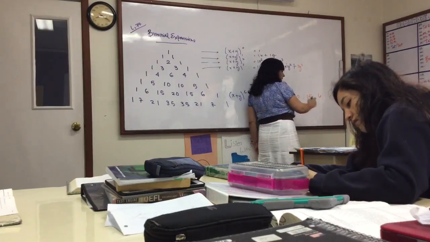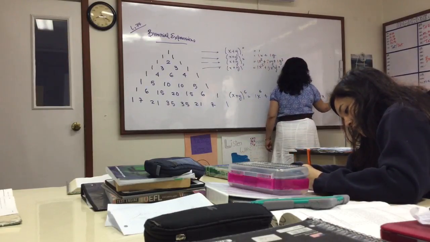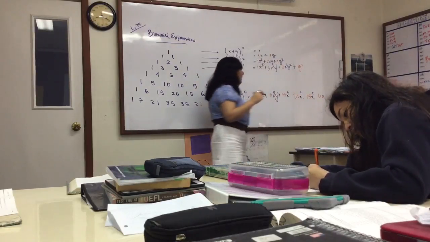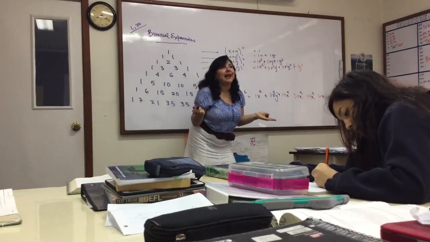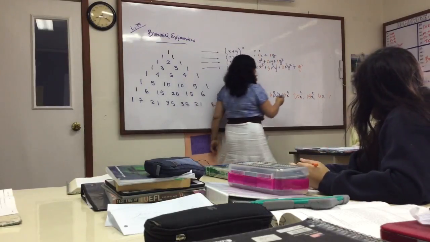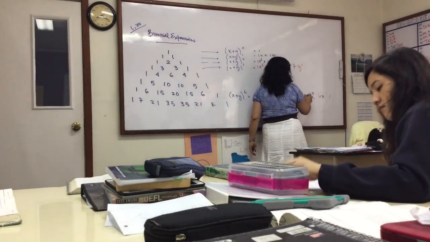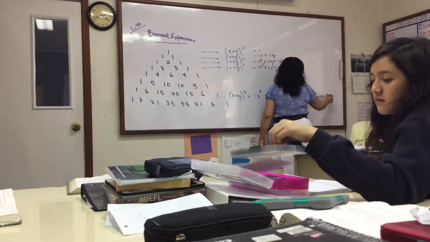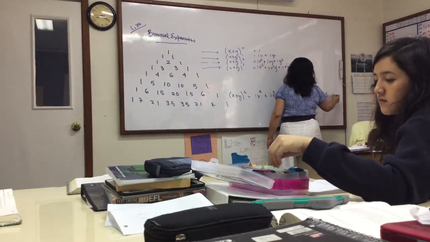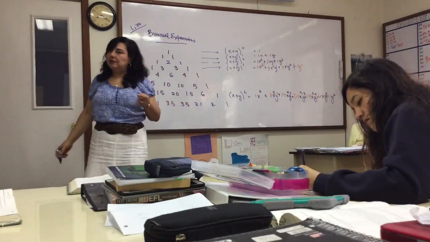And as one goes down, and then it's to the 0, the other one goes up. y goes up, because it's got to add up to 6. So y squared. Okay? Pretty easy, I think, don't you think?